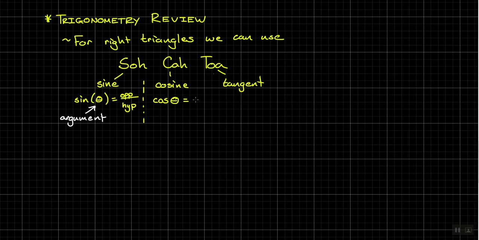What's cosine? Cos theta is A, which stands for the adjacent side, not an adjective, the adjacent side over the hypotenuse. So, what's the argument of this cosine? Theta. Whether there's parentheses there or not, the argument is theta right now.